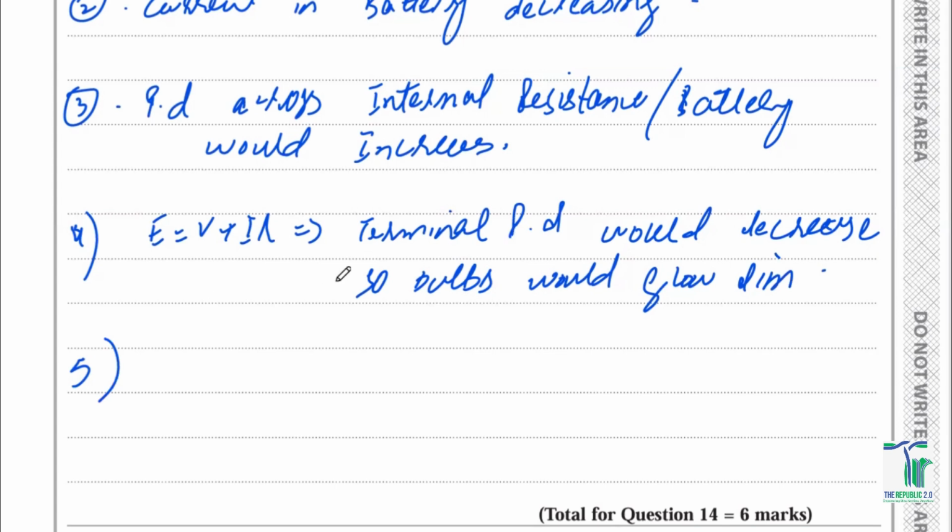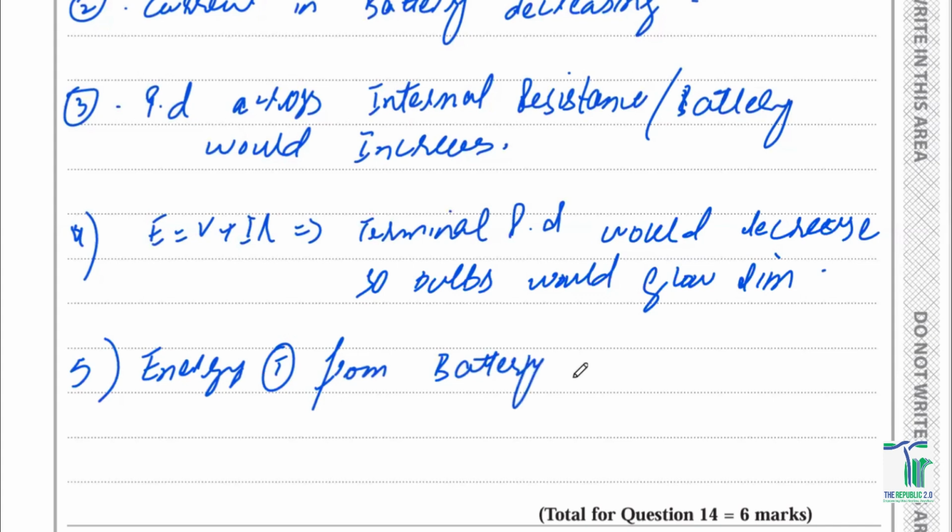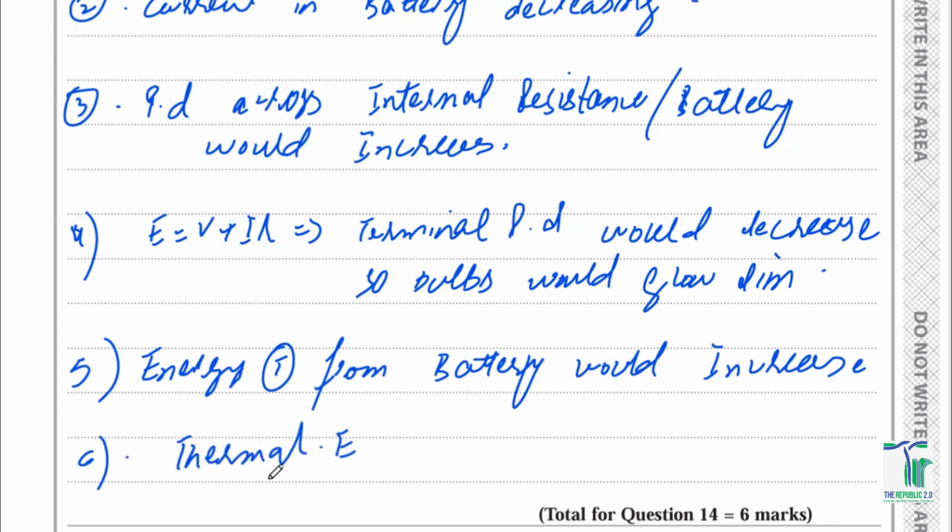In the fifth place, what does that mean if you're having a less terminal potential difference? That the energy transferred from the battery would increase. And as you increase the energy transfer from the battery, on the sixth point, we need to remember that the thermal energy would increase in the battery.